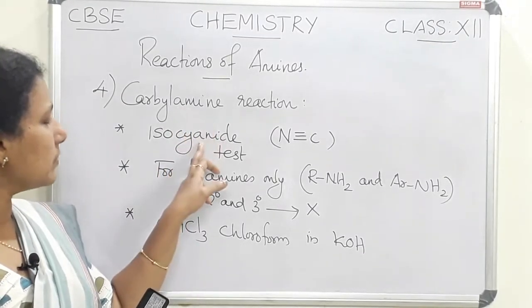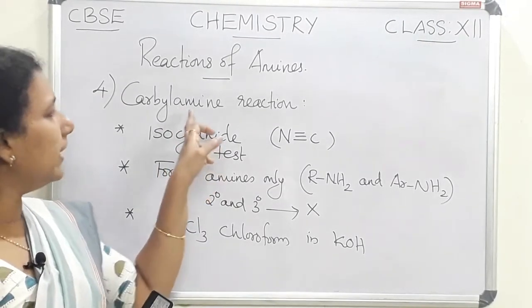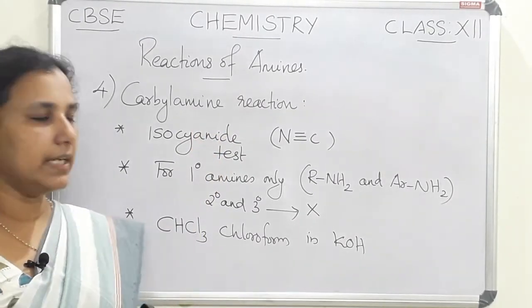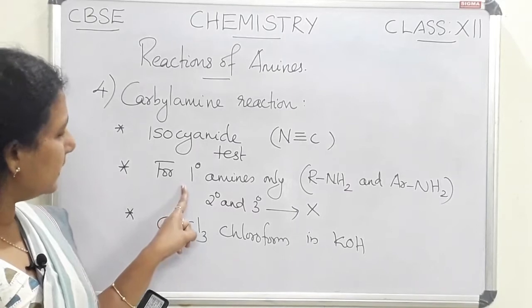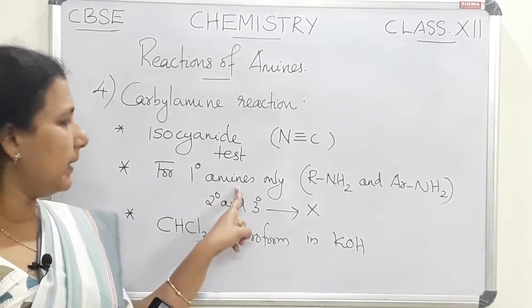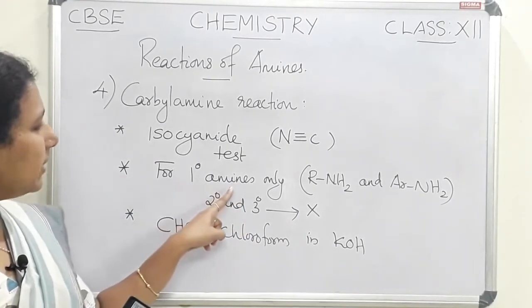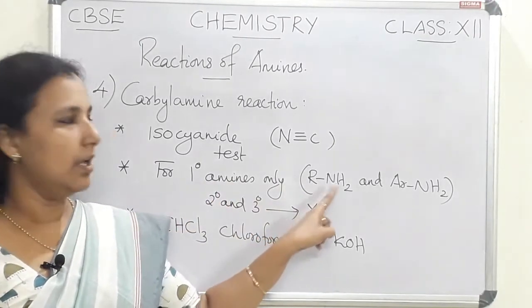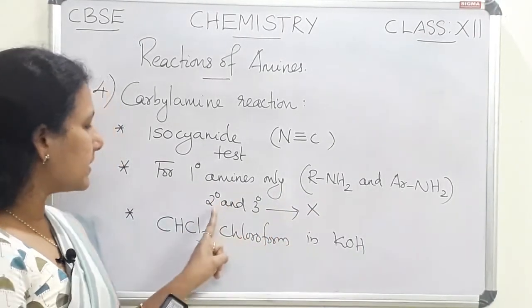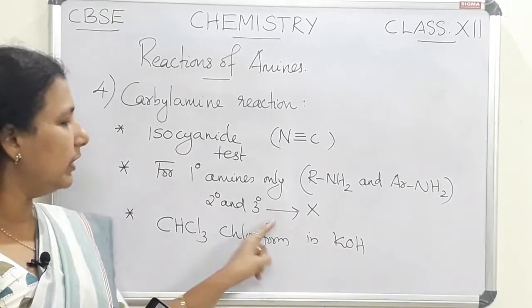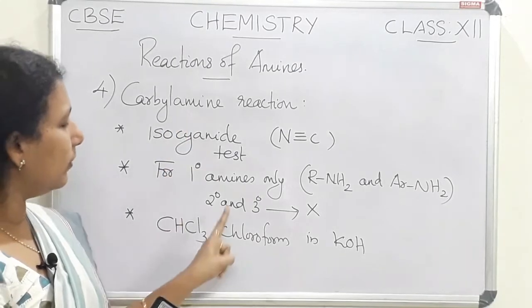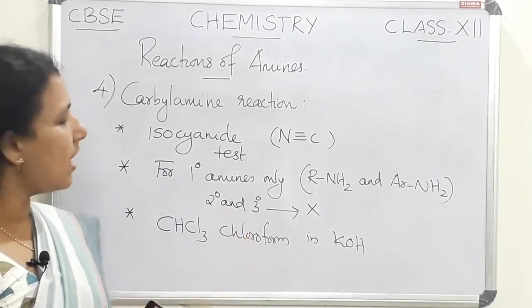Carbylamine means isocyanide, so isocyanide and carbylamine are the same. It is known as the isocyanide test, since it is used for identifying primary amines. The carbylamine reaction is only for primary amines, aliphatic or aromatic. Secondary and tertiary amines will not react in this case.